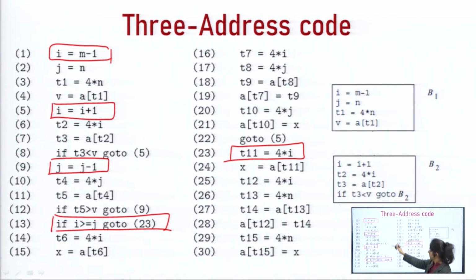So, these all are the leaders in the program. I hope I have covered all. This is a leader, this is a leader, this is a leader, then this is a leader and then this is a leader. Now, this is the go to and the next statement after go to will also be the leader. So, here we have marked all the leaders.